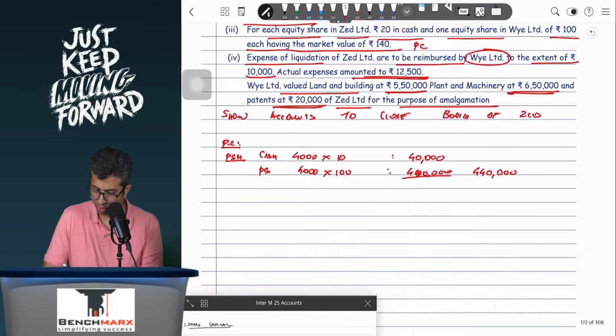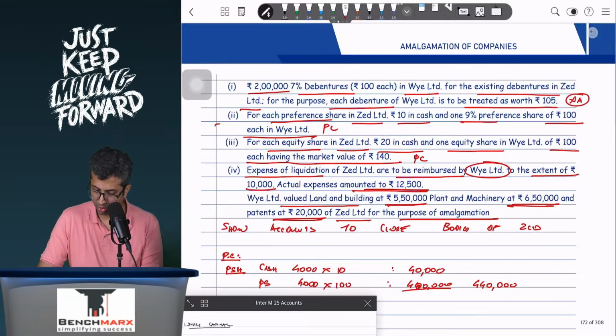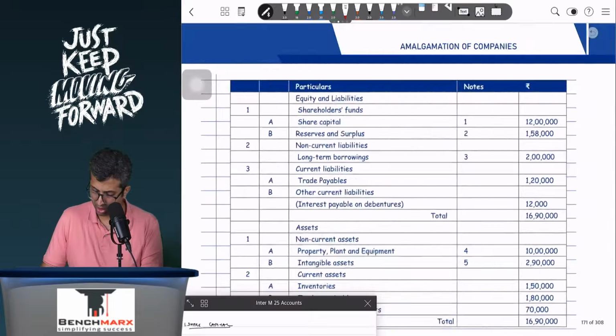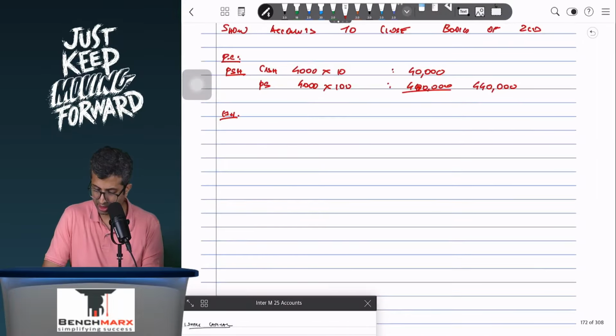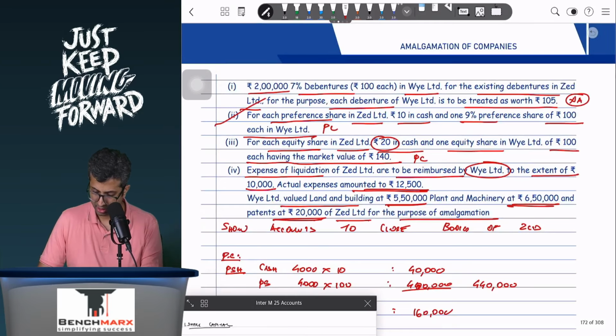Next, you look at equity shareholders. We are paying cash of 20 rupees for the equity shareholders. How many equity shares are there? 8,000. This is cash: 8,000 of rupees 20, so 8,000 into 20 comes to 1,60,000 of cash. And then you are issuing equity shares, 1 equity share in WYE of 100 each at the market price.